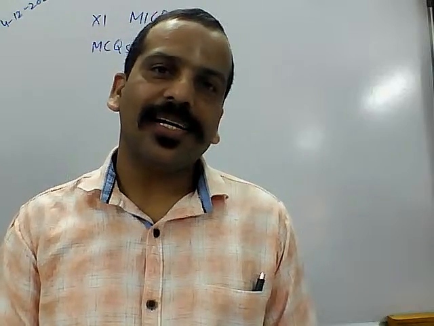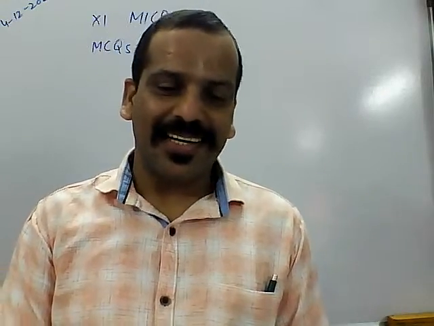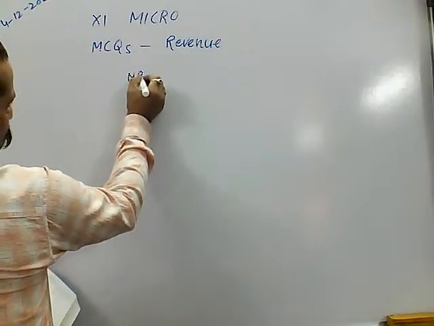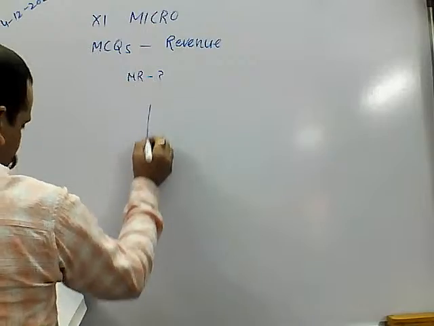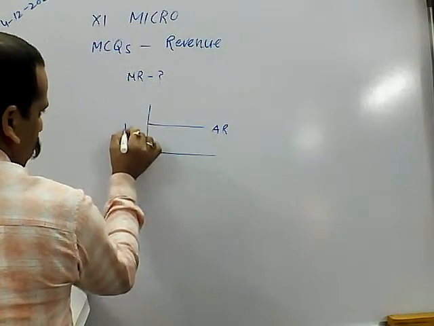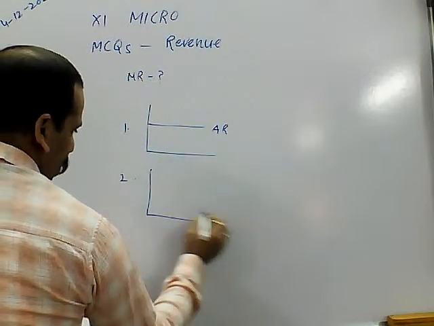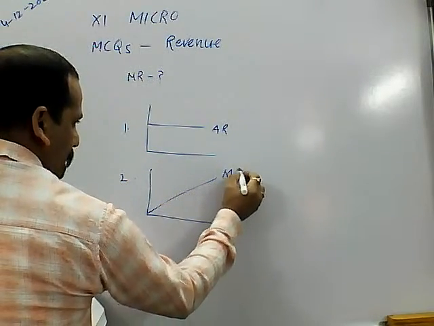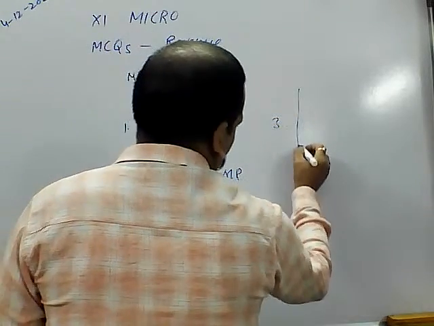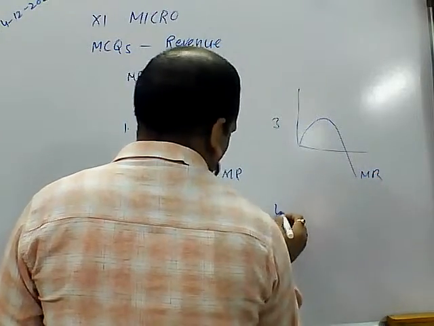You have to check which option is correct, and the question is related to marginal revenue. First option, second option, marginal revenue is like this, MR, third option, and fourth option.